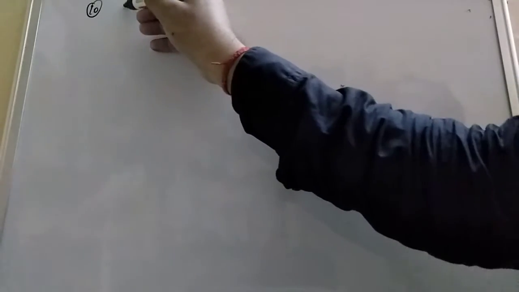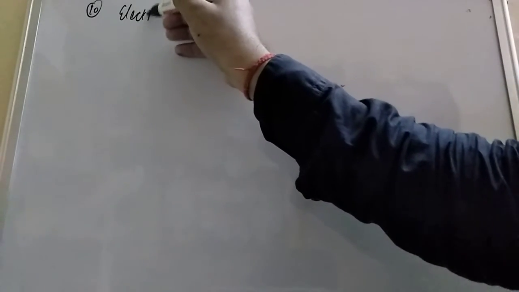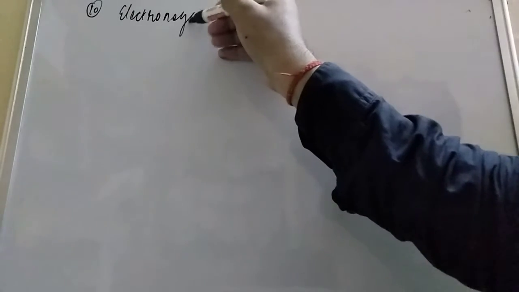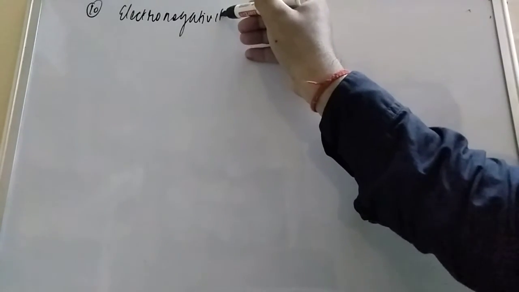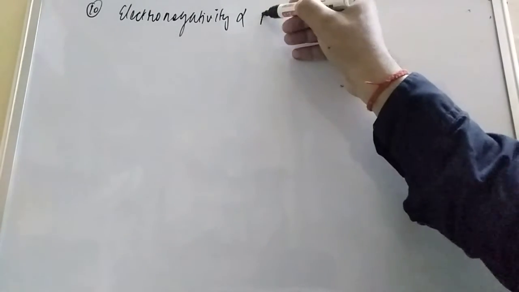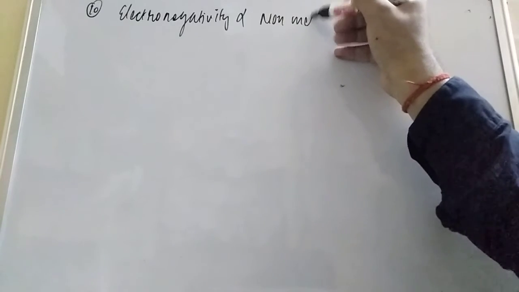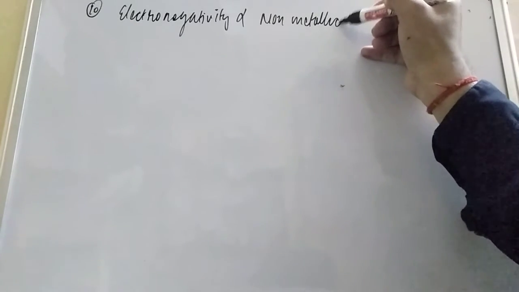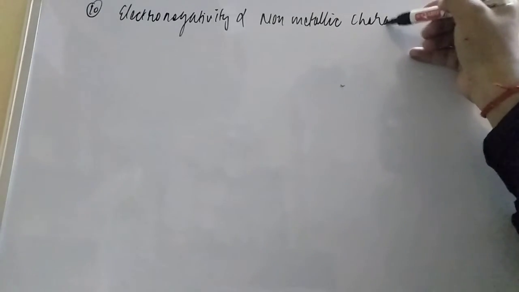Now let us read the facts for point number 10. They are saying electronegativity is proportional to non-metallic character. What is the meaning of this?